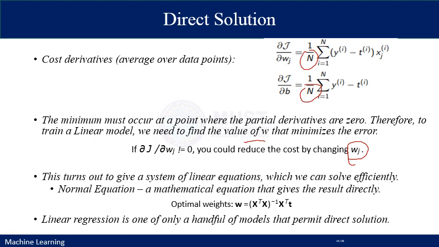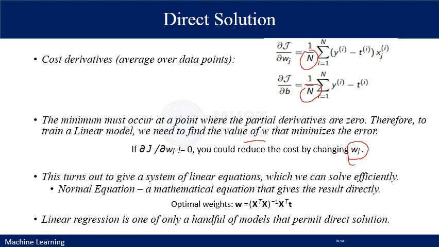So to find the value of these weights that minimize the cost function, there is a closed form solution, or in simple words, a mathematical equation that gives the result directly, learned from the input examples or feature vectors and the target values.